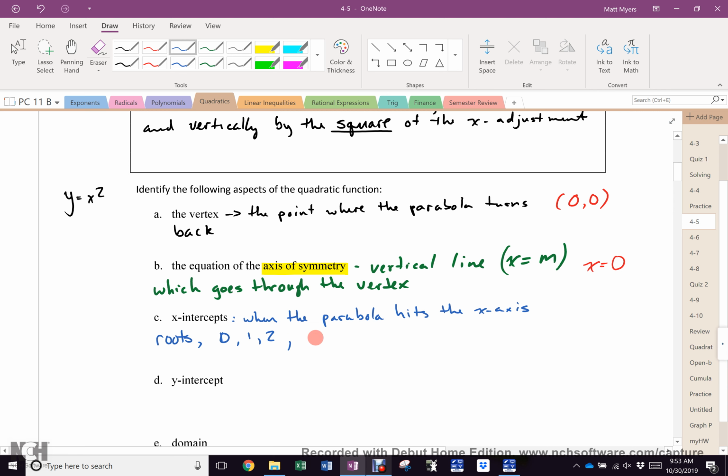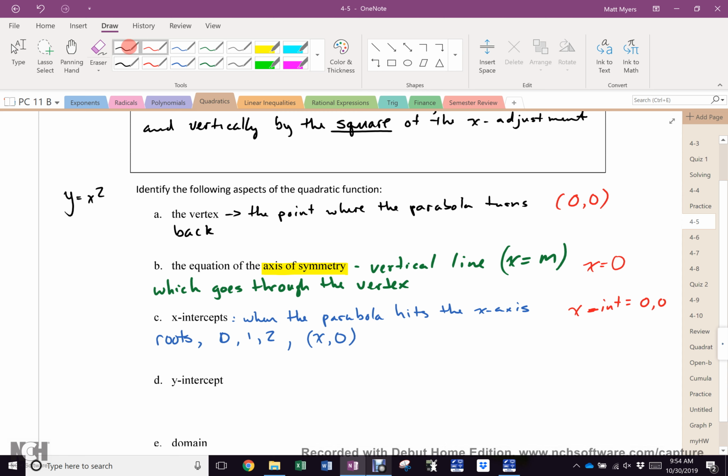We also know it is x, 0, because the y value will always be 0, yes? What is it in this case of the regular parabola? What is the root? Because there's only one, because it only hits the x-axis once. The x-intercept is 0, 0, right? Same as the vertex. Everyone's cool still?